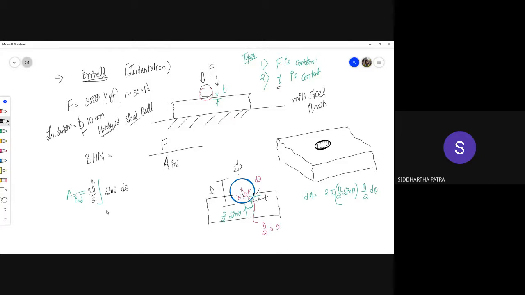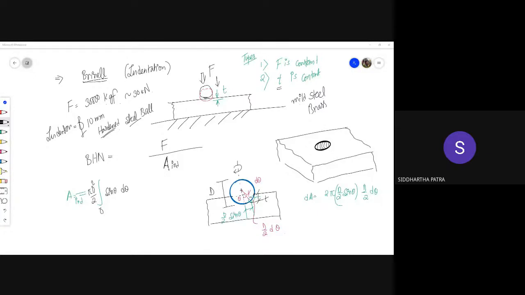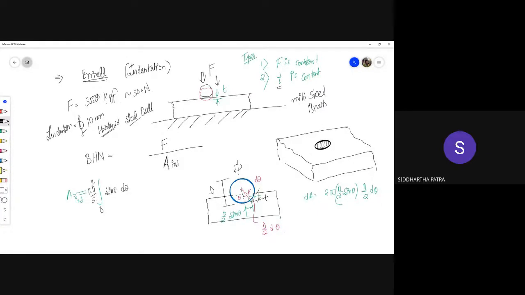And this goes from 0 up to this value, right? Up to this point. But how do I denote this angle? So you see, this is a circle, or this is the indenter, and let's say this much is the depth of indentation.